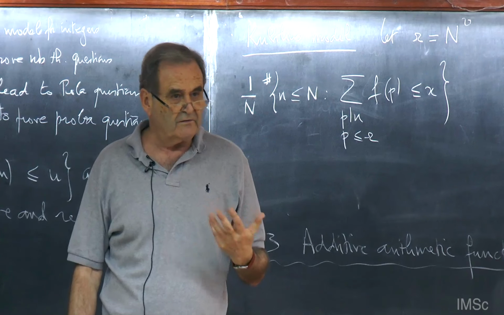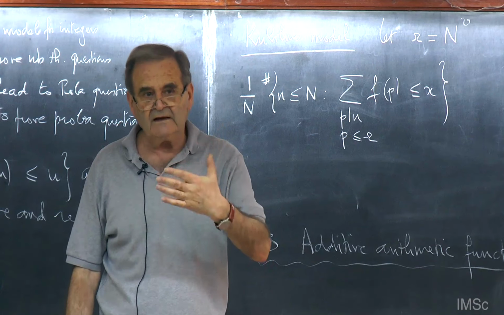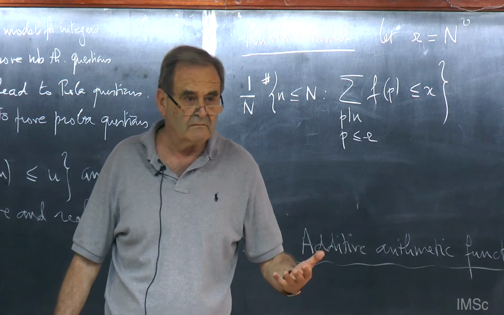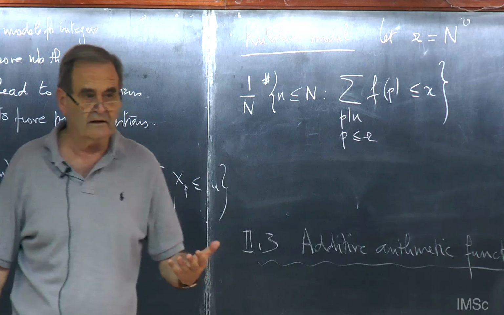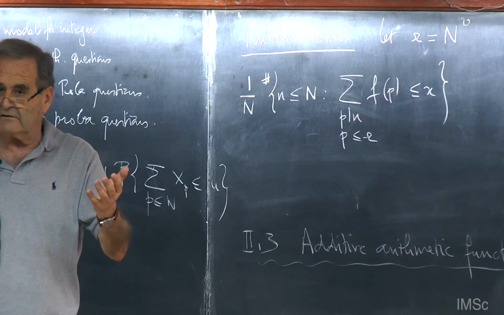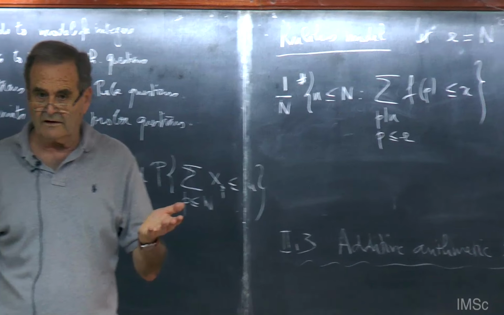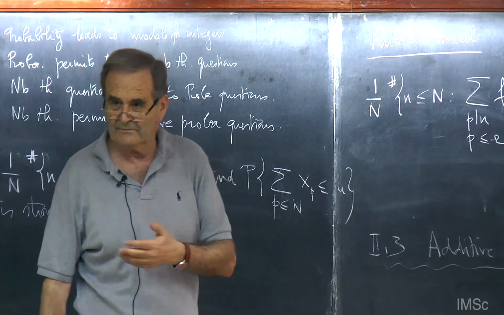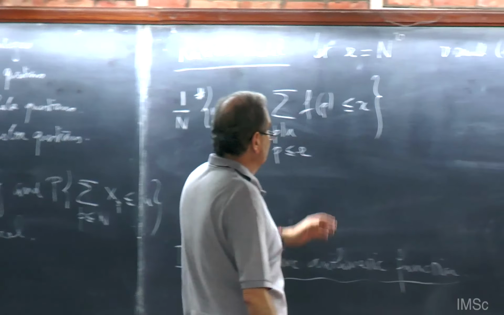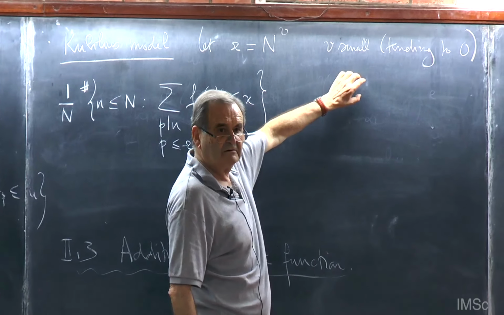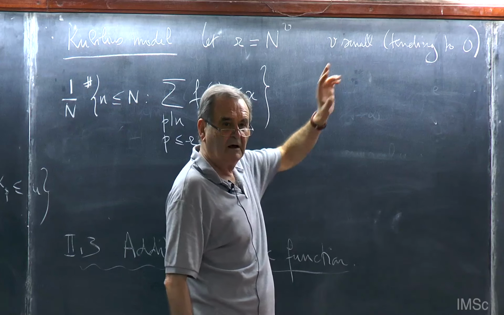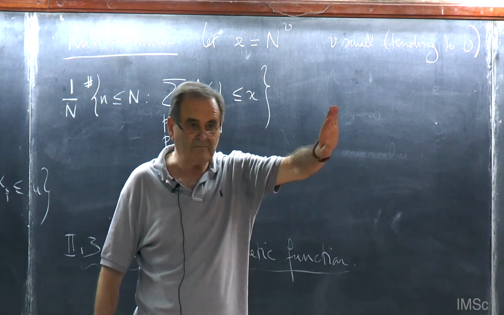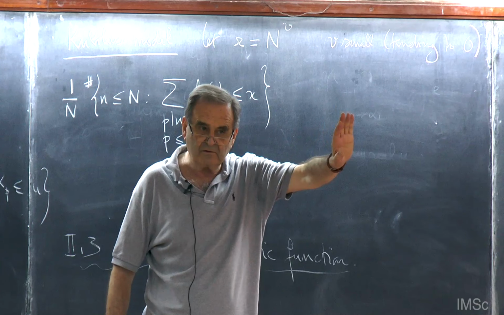But you are not losing much, because how many prime factors larger than that can you have? At most 1000, or 999 if you prefer. And what is 1000 compared to log log n? Peanuts, if n is large enough. So this is not a real restriction to have something up to a power of n. You maybe leave out large prime factors, but there are not many, and they don't play a large role.